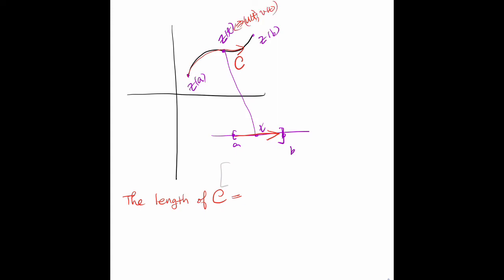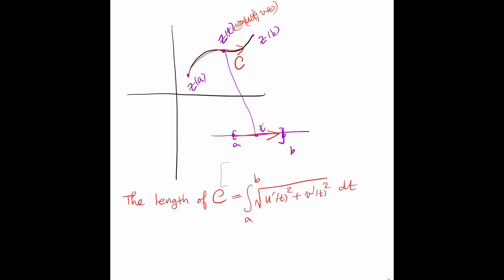And this is exactly the integral from a to b of the square root of u prime(t) squared plus v prime(t) squared dt. This is what we learn in calculus.